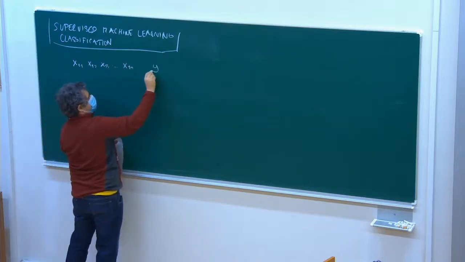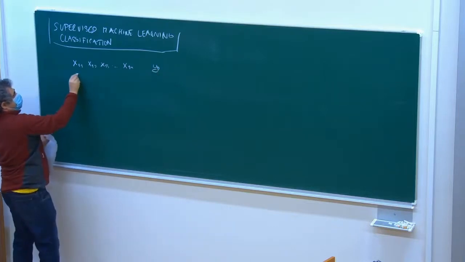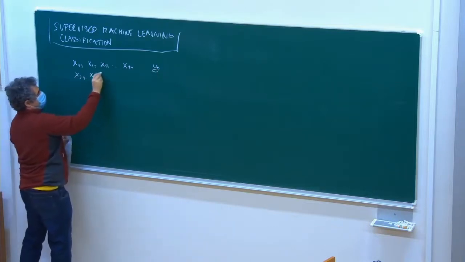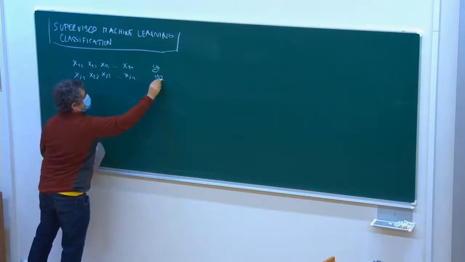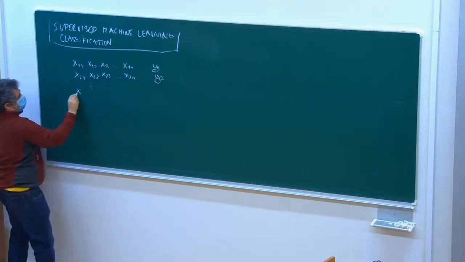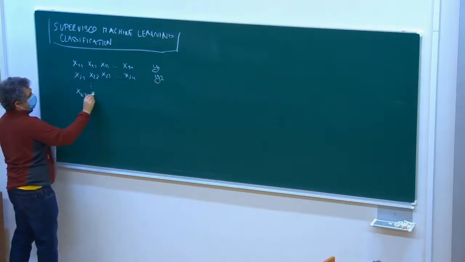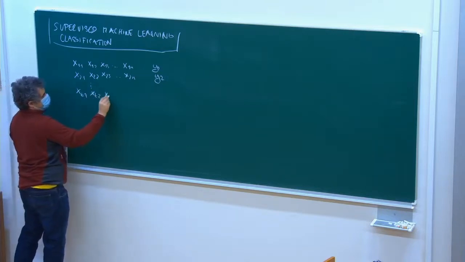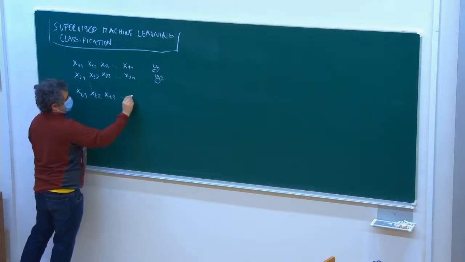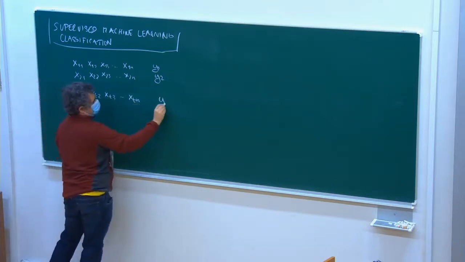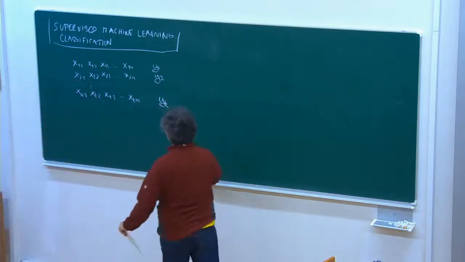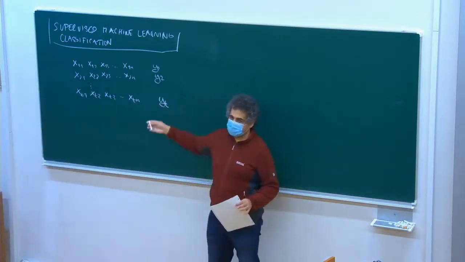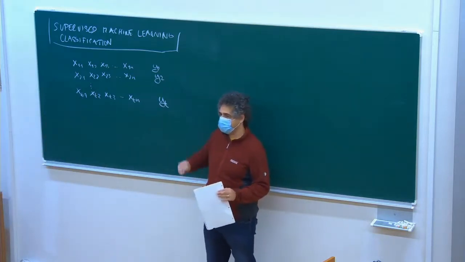And there is a target variable, and you have a second training example, and altogether you have t training examples. And so the features can be, as usual, any real numbers.